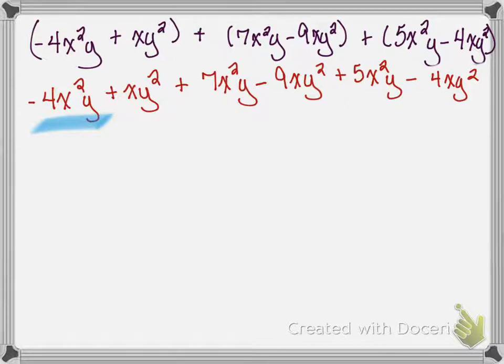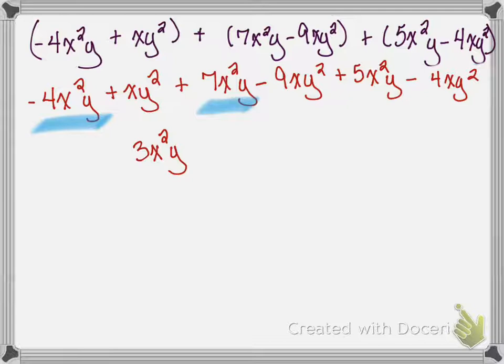Okay, so those are not like terms. Negative 4xy squared and positive 7xy squared, those are like terms. So what do I get? 3x squared y.